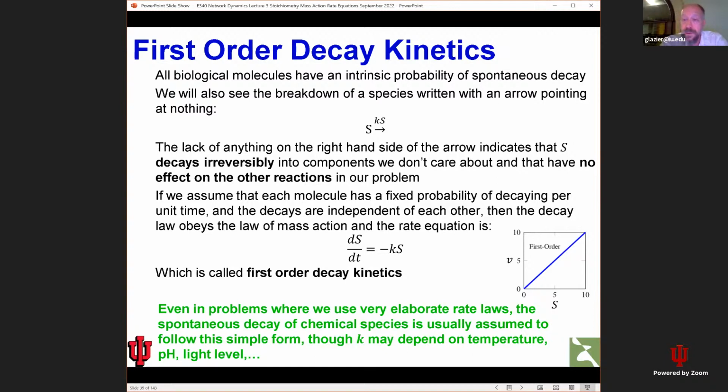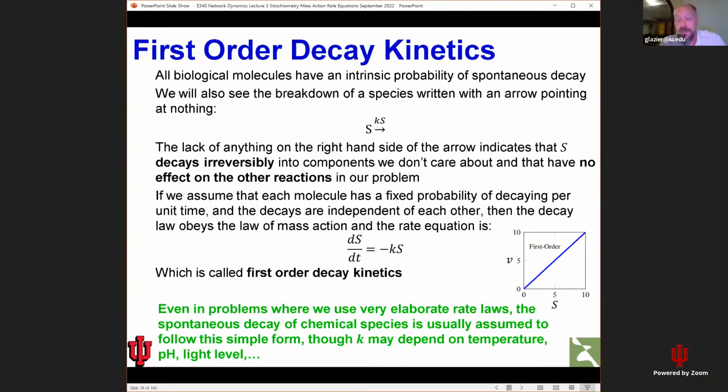Things are a little bit different when we're talking about the breakdown of a molecule. We've talked a little bit about active breakdown through things like ubiquitination or proteases, where you have a molecule that actually goes in and physically attaches itself to another molecule and cleaves it, destroys it. Here we're talking essentially about what we call spontaneous breakdown.